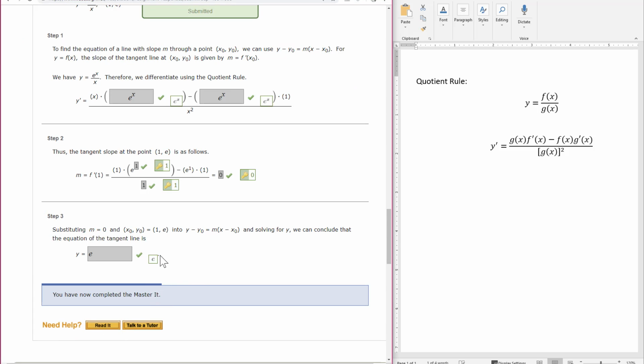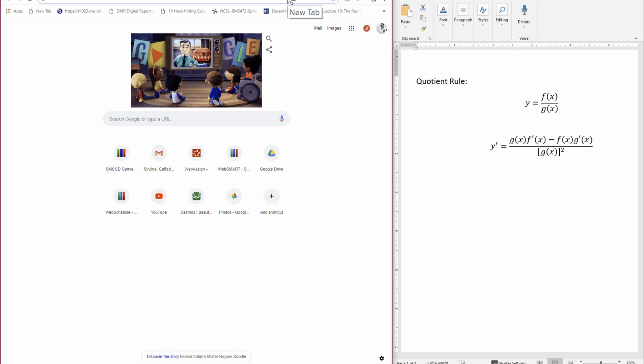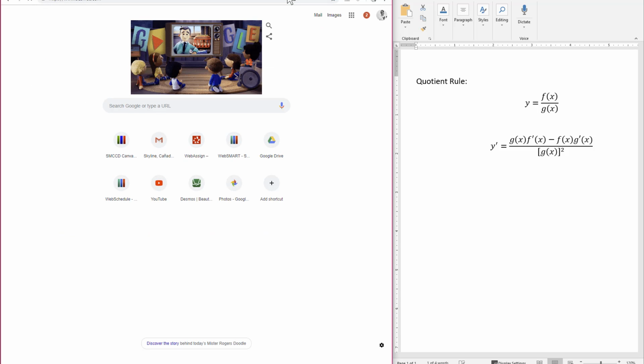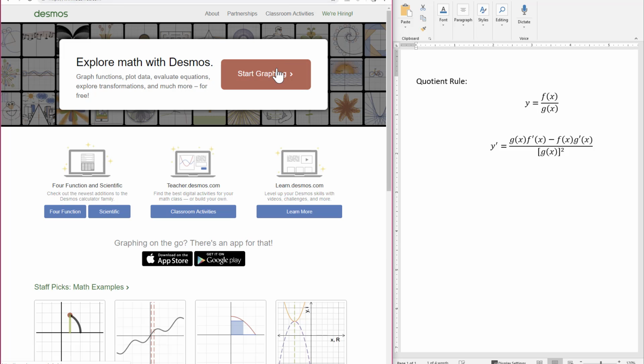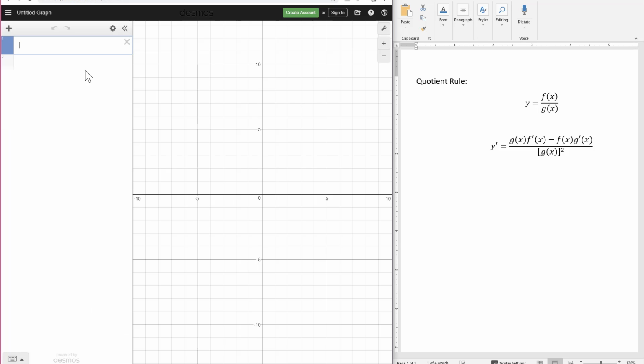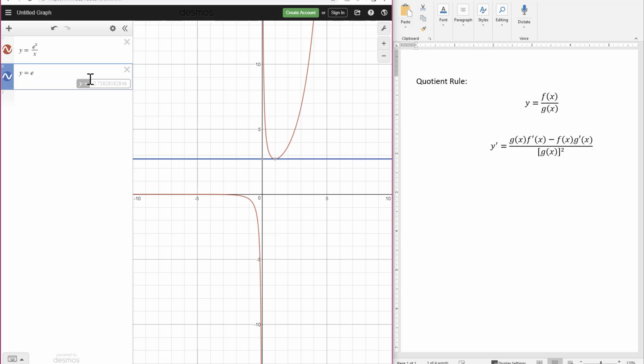Alright, so now that we have that, whenever we see something like this, we should always take a look at it from a graphical point of view. And so we have y equals e to the x divided by x. And then we want y is equal to e, a constant function.